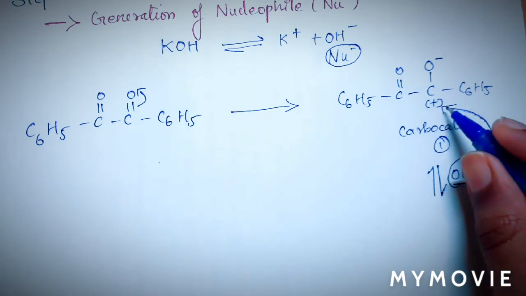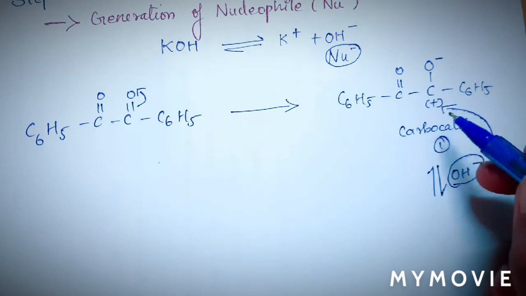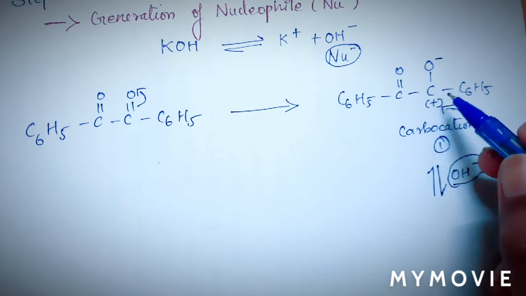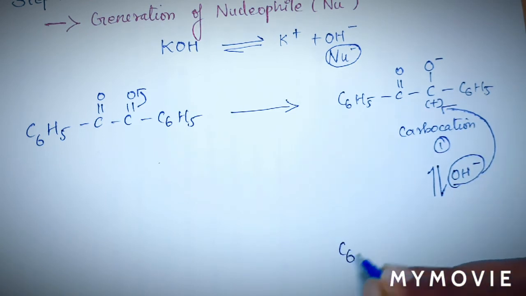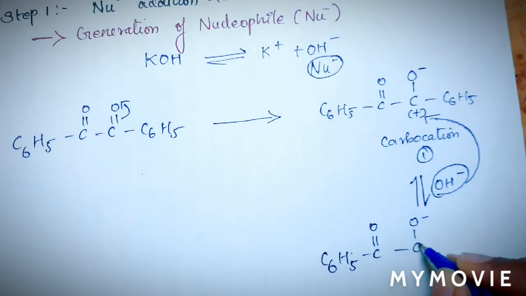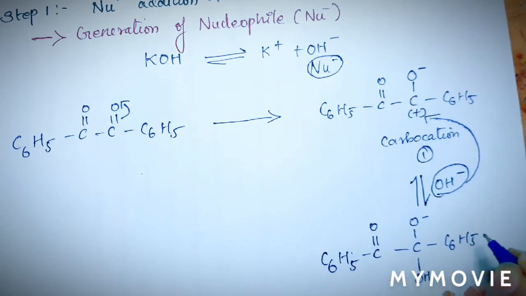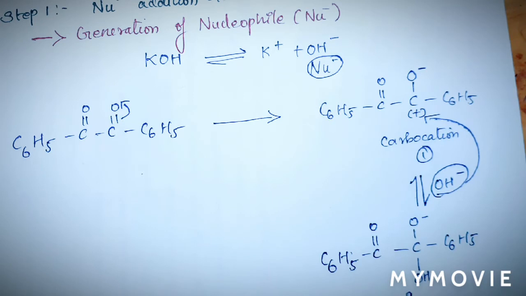When it attacks carbon, it will give its electrons to form a bond with it, thereby neutralizing its charge and also neutralizing the carbon's charge. So it will be C6H5, C double bond O. CO minus will remain as such, and to this carbon OH is attached and the other phenyl group. This is the product that you get due to the nucleophile's attack, and this is the first product.